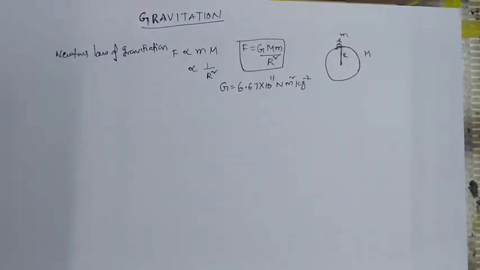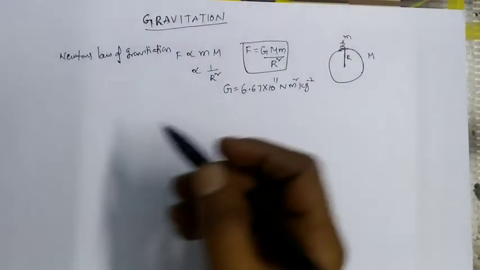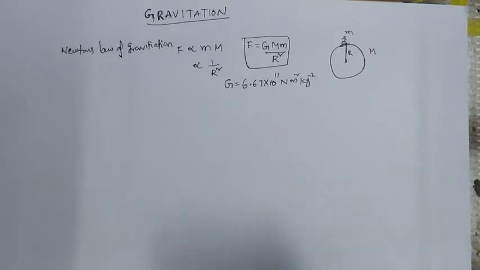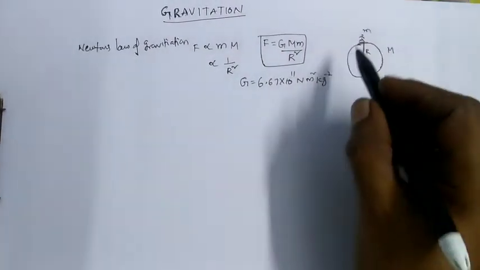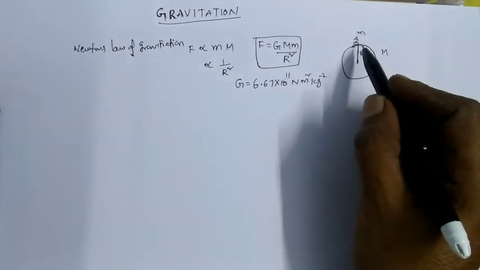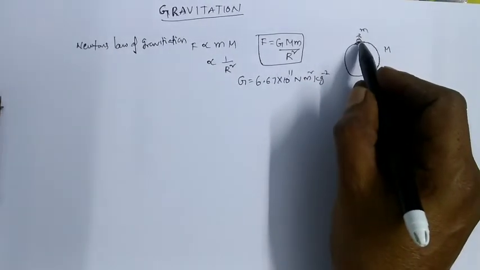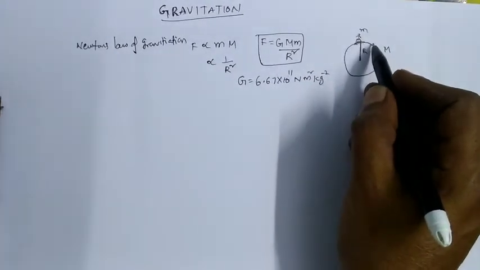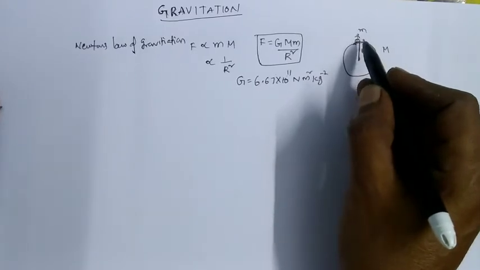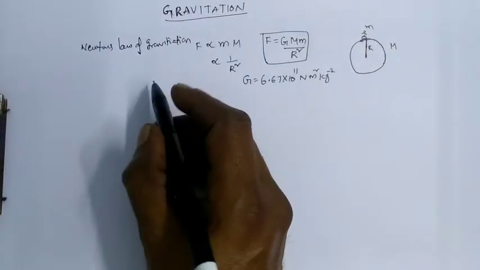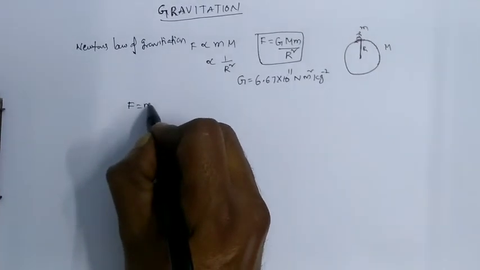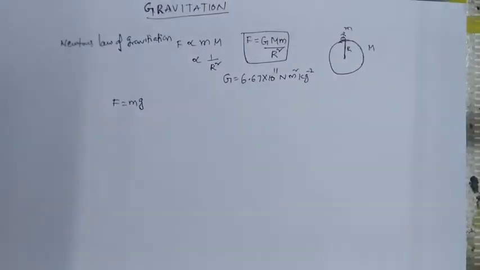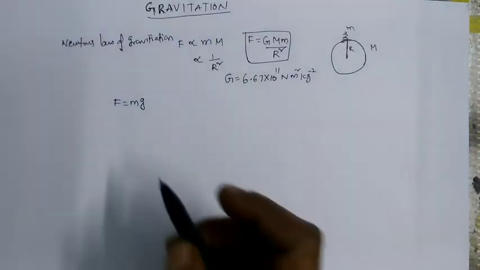Now from this you can get the relation between small g and capital G. What does small g mean? The acceleration of the body. If the person is standing on the surface of the earth, then his weight will always be acting downwards. So you can write F is equal to mg, where m is the mass of the person and g is the acceleration due to gravity.